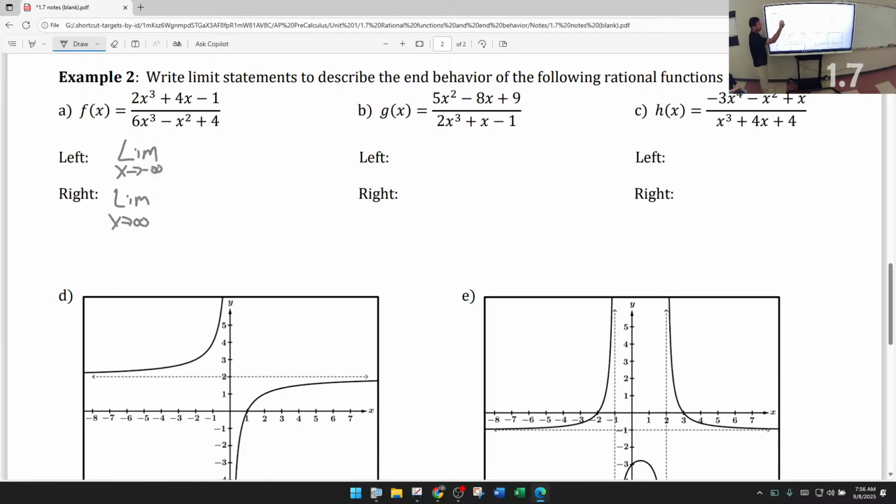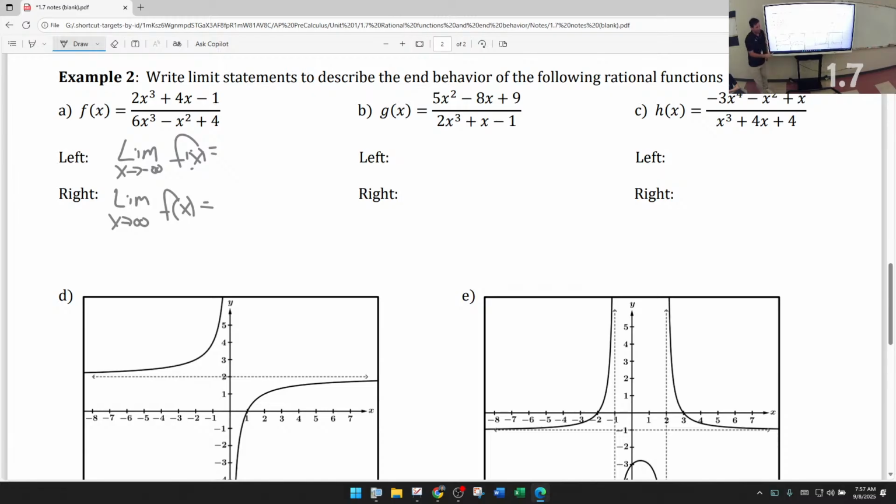This is f of x, so I'm going to put f of x, and I'm going to put equals. The f of x should be as big as the limit and the x. As long as you get this underneath it and the f of x is bigger than all this other stuff, you're okay.